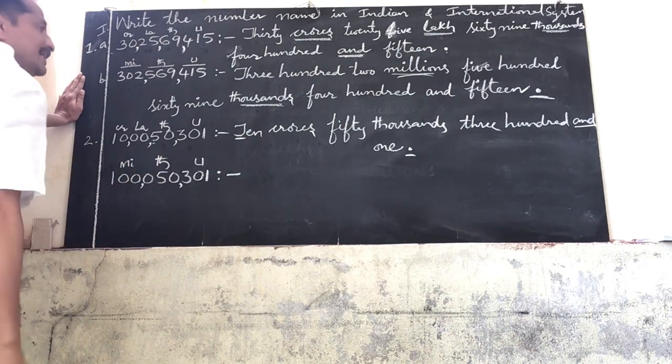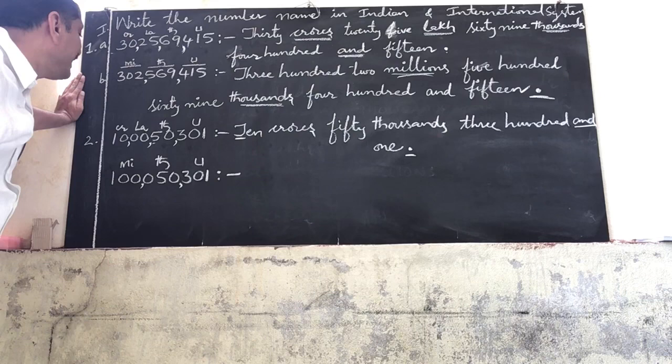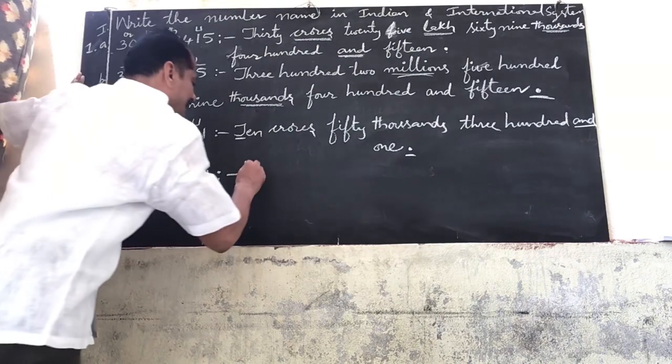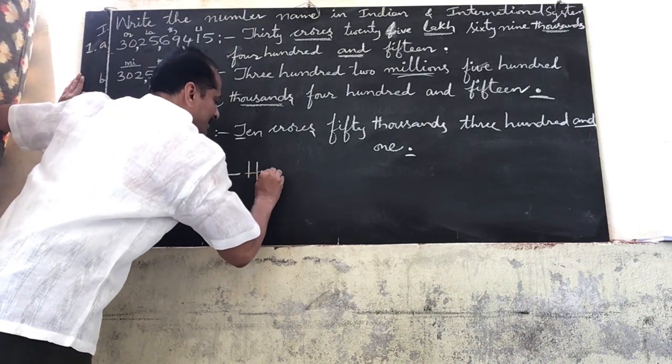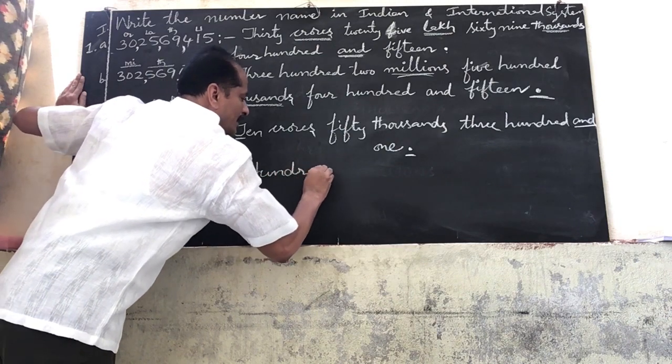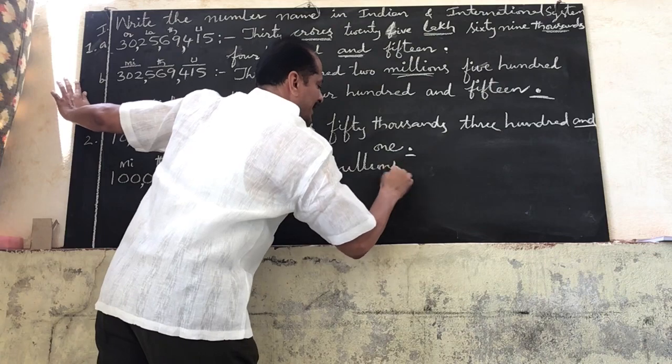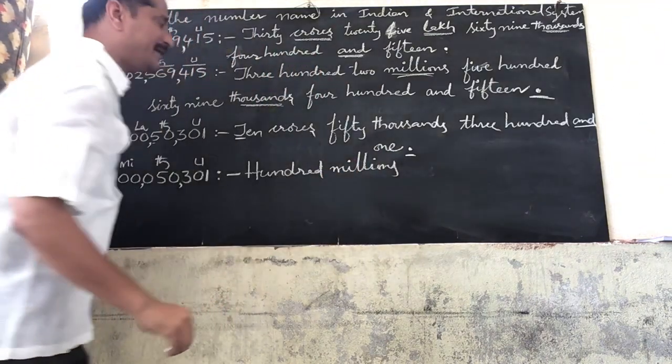In this way you can write down the number name in the International System of Numeration also. So starting with the millions period, it has 100. So 100 millions. The first letter should be a capital letter. 100 millions. Next lower than millions period is thousands period.